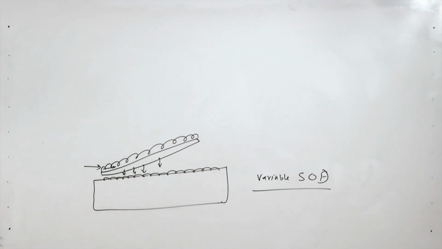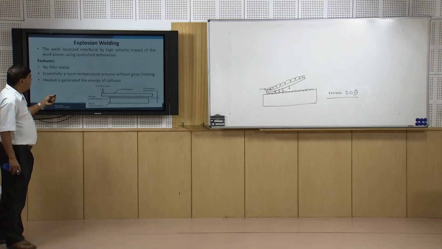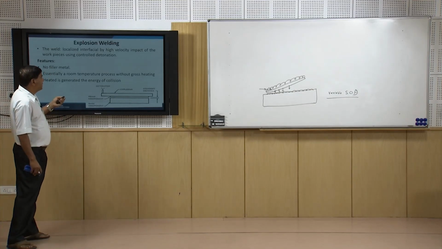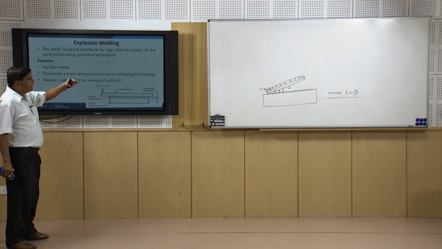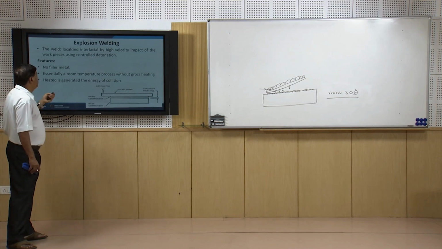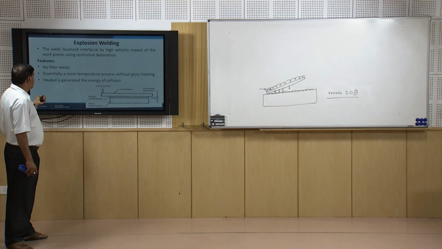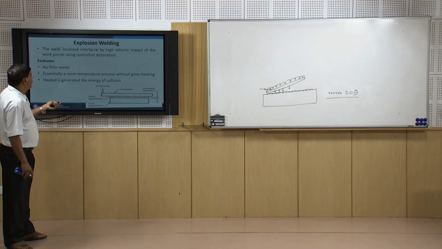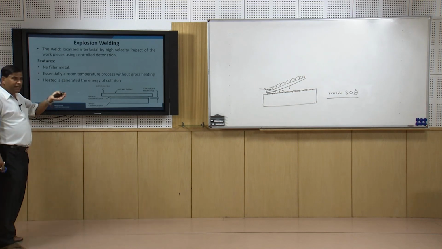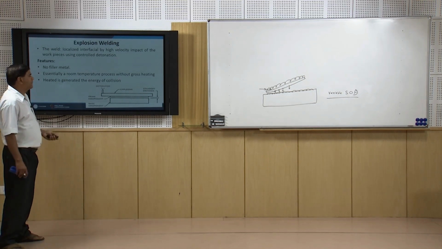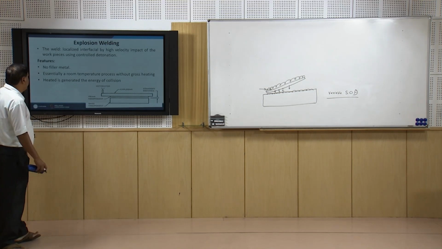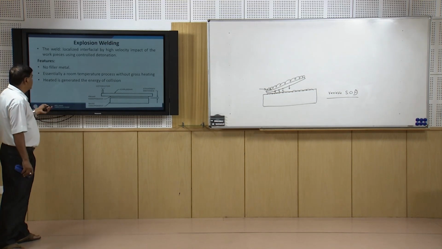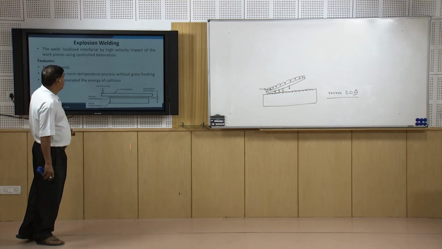So, here from the uniqueness point of view, the localized interfacial deformation is facilitated by the high velocity impact of the prime component with the main component using controlled detonation. There is no filler and there is no external heat application; bonding takes place primarily at room temperature, and whatever heat is generated is because of the impact, due to the energy of the collision.